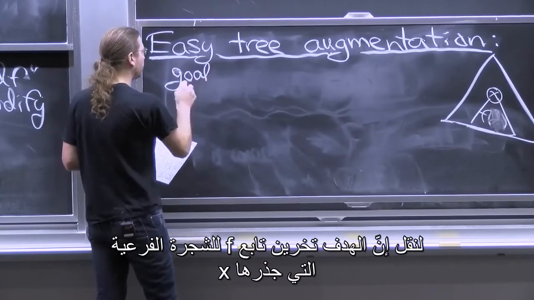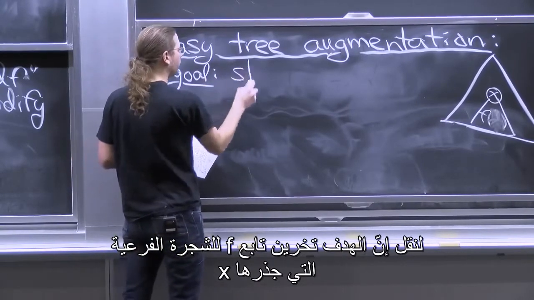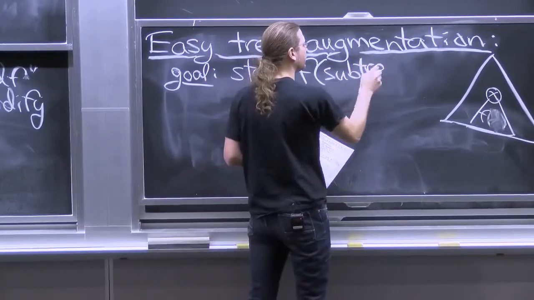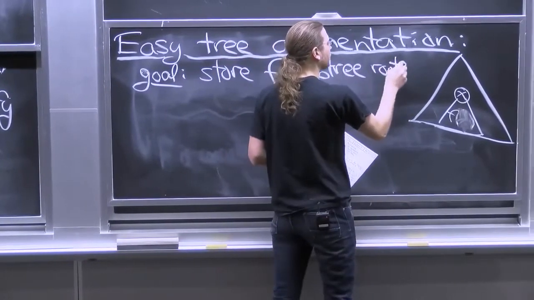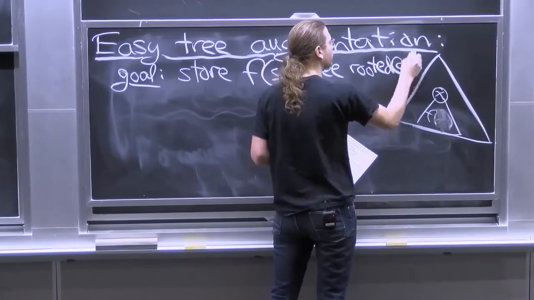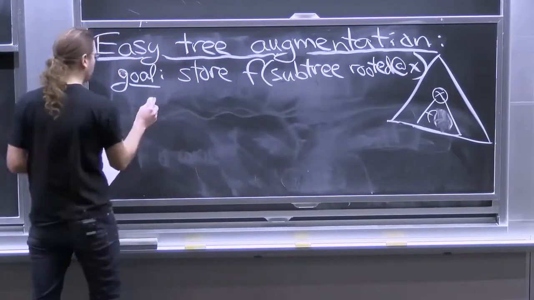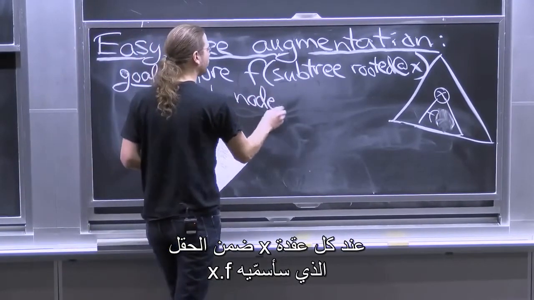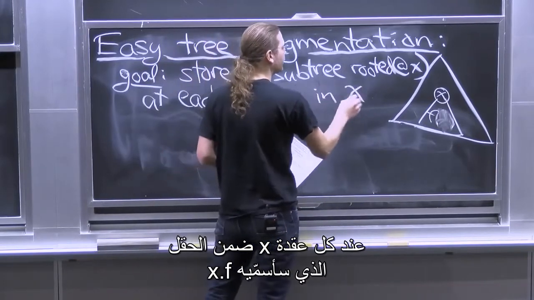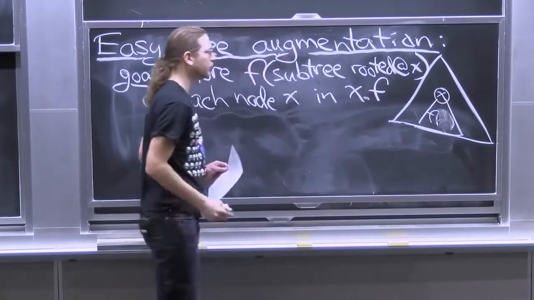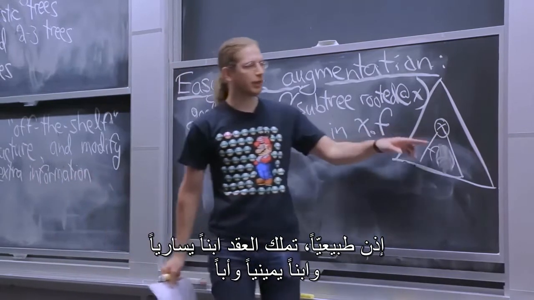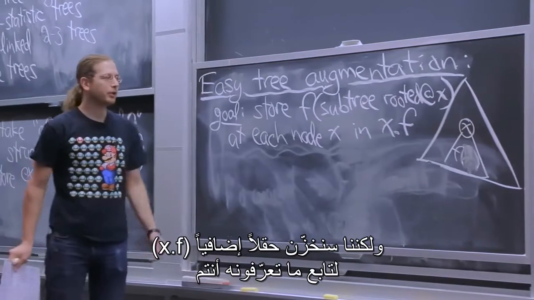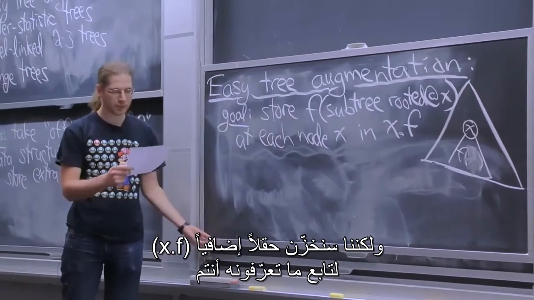Let's say the goal is to store f of the subtree rooted at x at each node x in a field which I'll call x.f. So normally nodes have a left child, right child, parent, but we're going to store an extra field, x.f, for some function that you define.